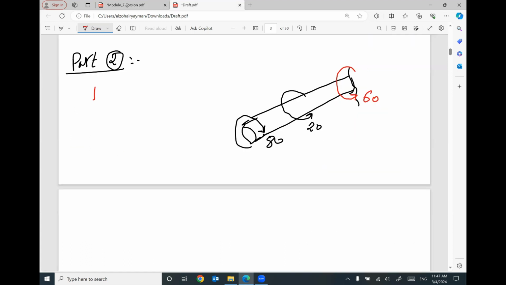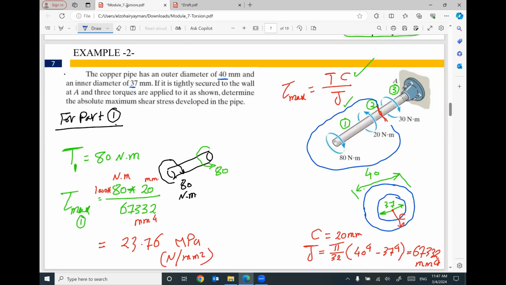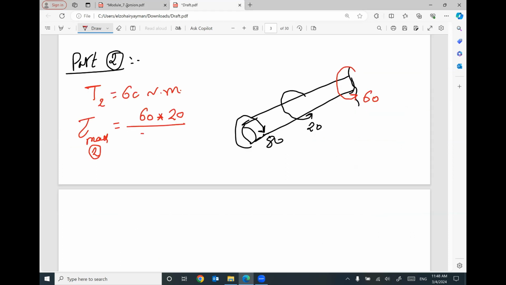So the applied torque in part number 2 will equal 60 Newton meter. So the maximum shear stress in part number 2 will equal the applied torque 60 times the radius, which is 20, divided by J, which is 67,332.